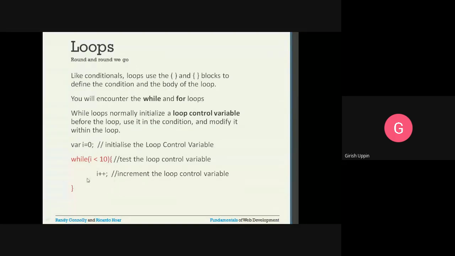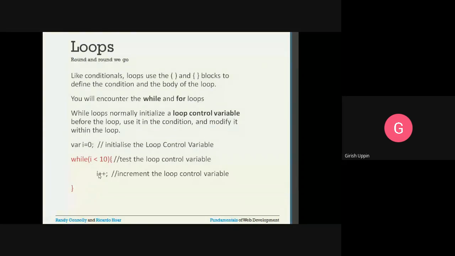So in this case, we are checking i less than 10. i value initially is 0. So 0 less than 10, true. Whenever this condition is true, it will execute this particular body of the loop, that is i plus plus. What we are doing is we are incrementing the value of the i. So i will become now 1. Again it will test the condition, 1 less than 10, true. It will increment i to 2 and so on.